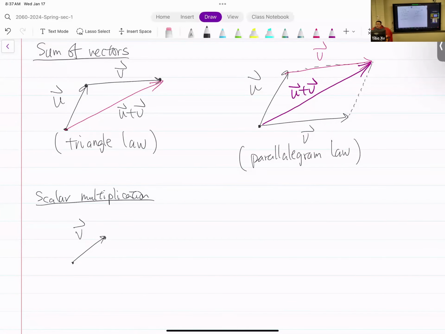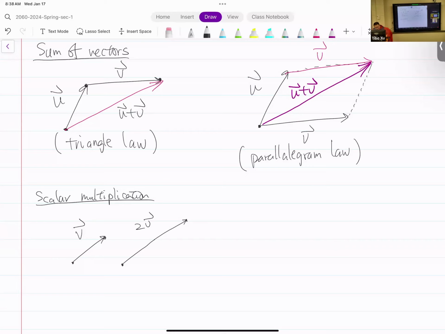Basically, if you have this vector V, you are specifying the direction, and then if you multiply a 2, let's say, okay, I want the same direction, but I just want to scale the magnitude to be twice the original, right? So in that sense, you just want to draw a parallel vector that has the same direction, but the magnitude is twice the original.